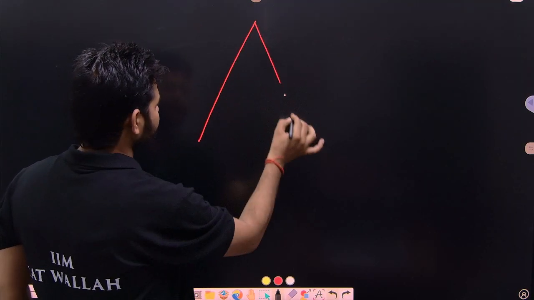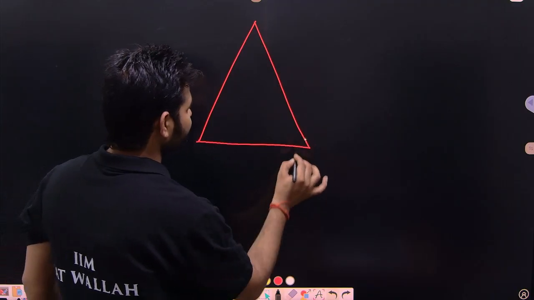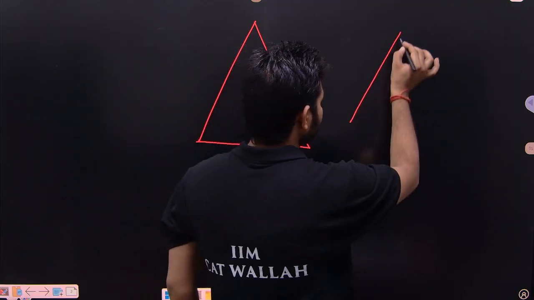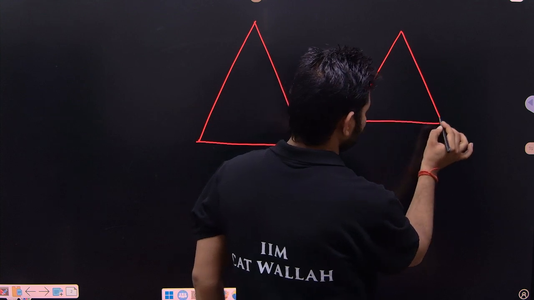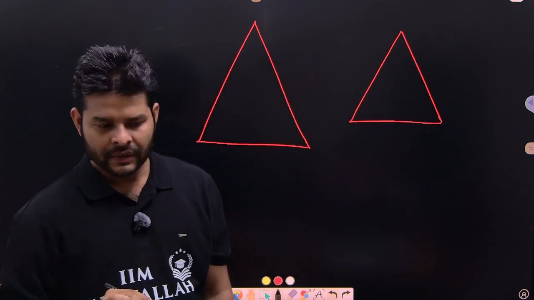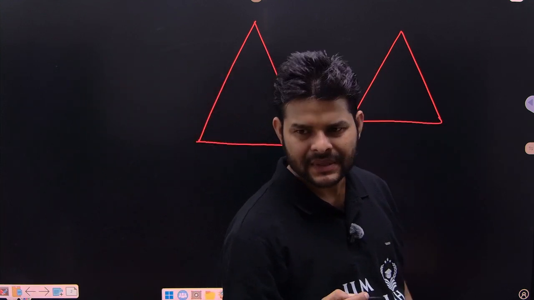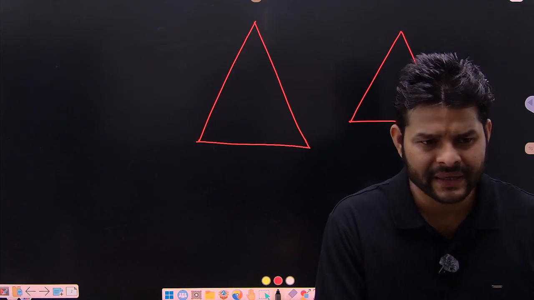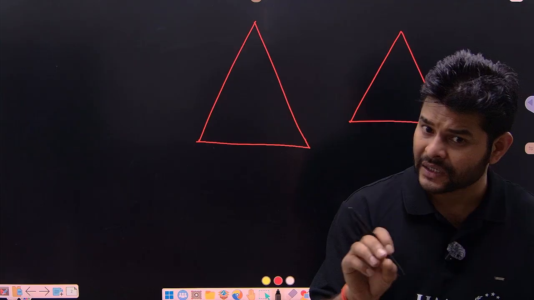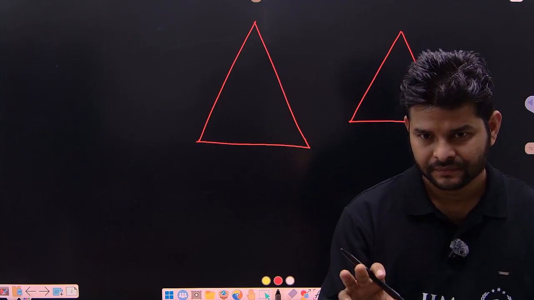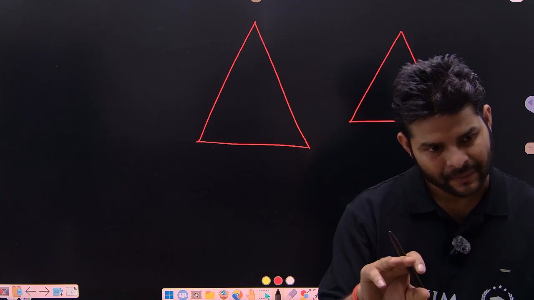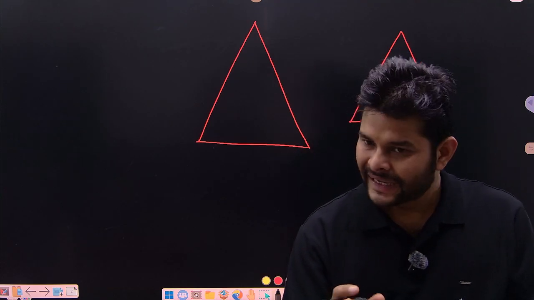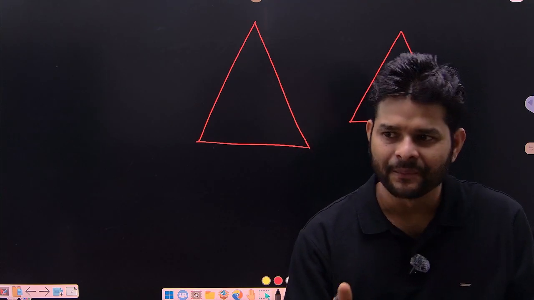So the first fundamental would be: if two triangles are similar only when their shapes are similar, it doesn't mean their corresponding sides and their corresponding angles are equal. So equal is completely different, and similar is completely different.